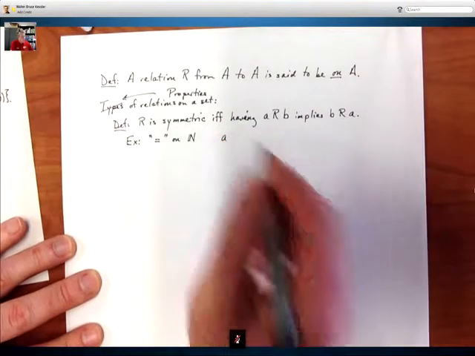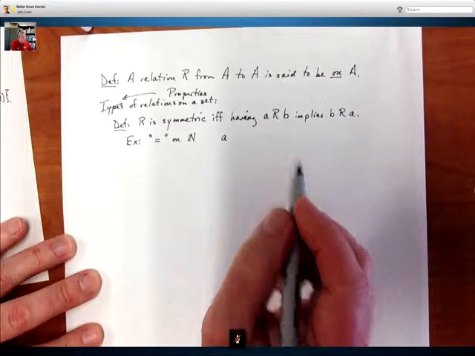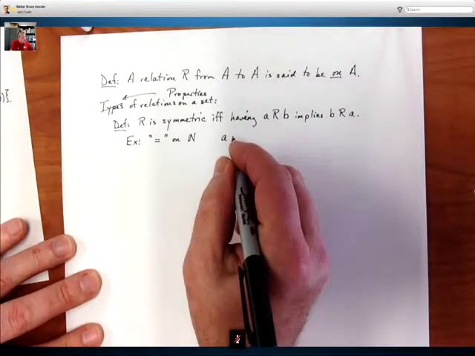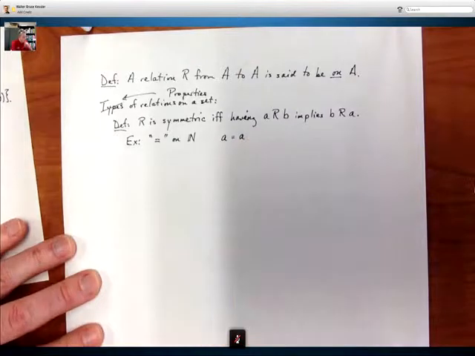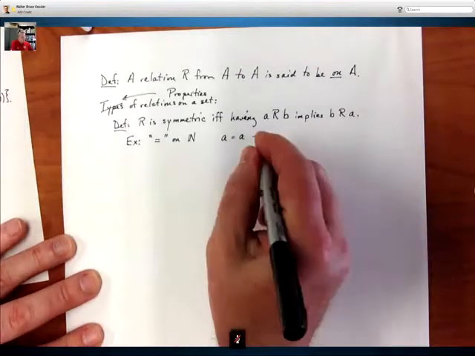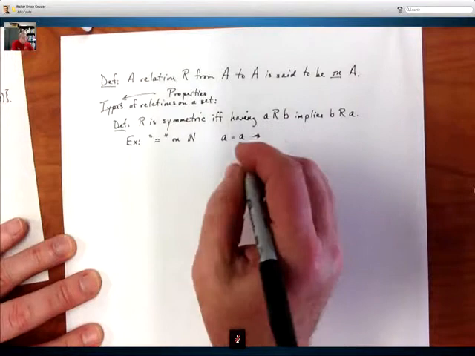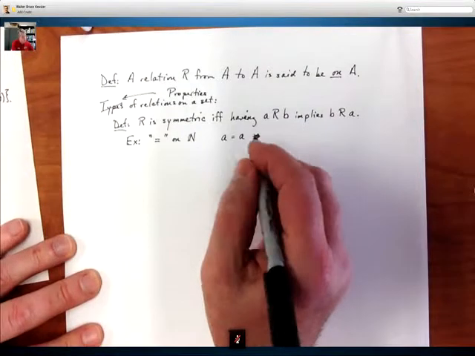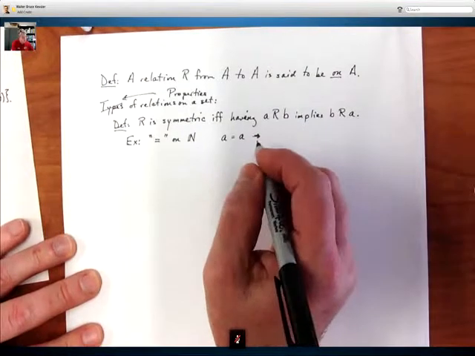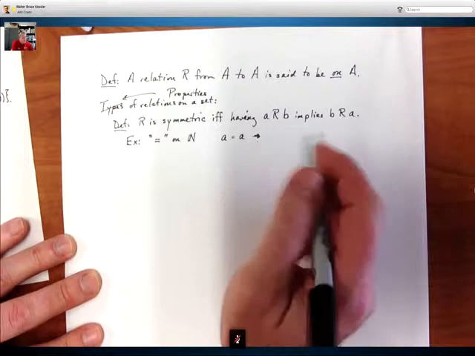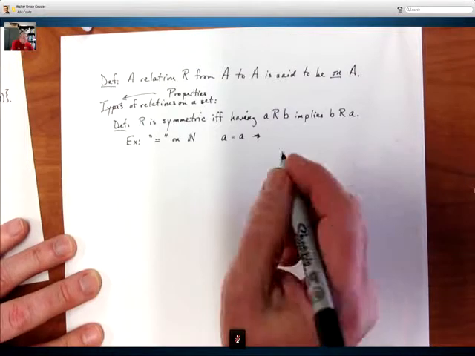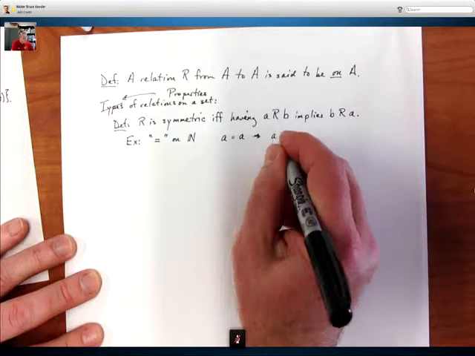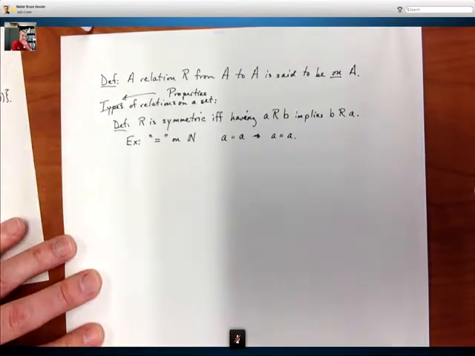You take any natural number, the same element here, that implies, maybe that's not the best example, equals. Well, it works. It implies you switch the sides, the same thing.